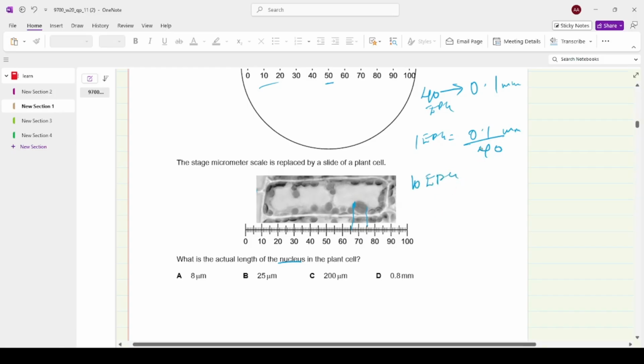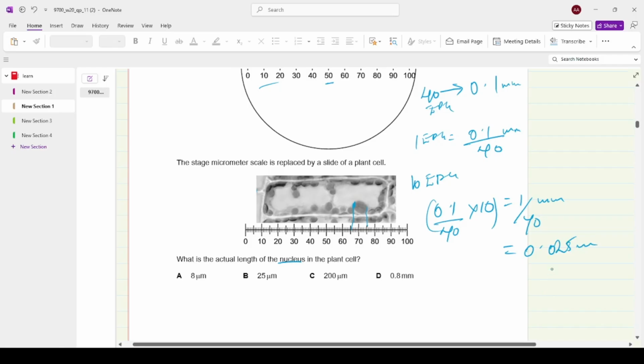So if 1 EPG is equal to 0.1 out of 40 millimeters, then how about 10 EPGs? It will be 0.1 out of 40 times 10, giving us 1 out of 40 millimeters, which is equivalent to 0.025 millimeters.